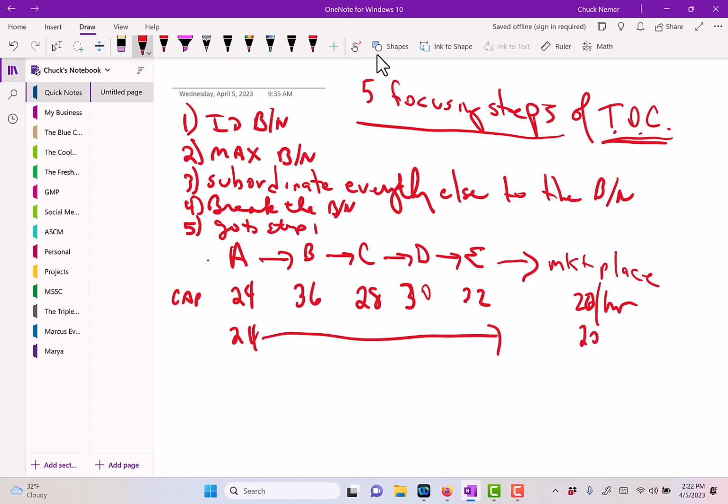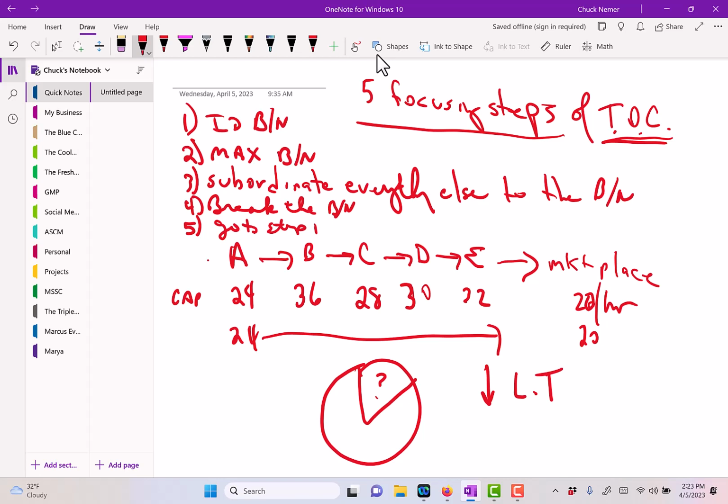So what this means for you and I is we can do better than the marketplace. And the question comes up on the bottom here. If we look at 100% of the market, does our company have 100% of the market? And chances are we do not. And if that's the case, as soon as that becomes the bottleneck out in the marketplace, we should drop our lead times to the customer so that they will buy more.